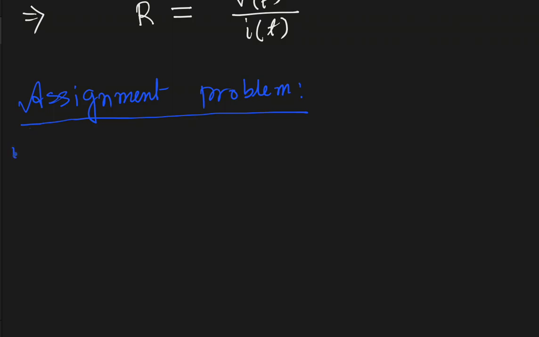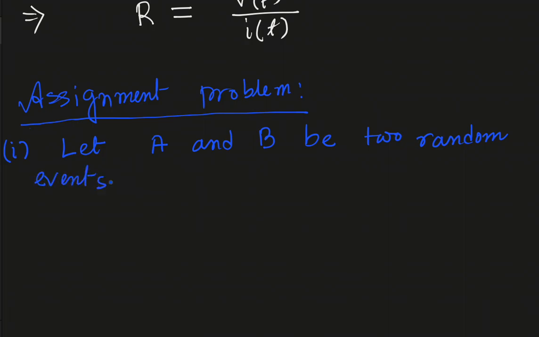So the first problem is: let A and B be two random events associated with a random experiment.